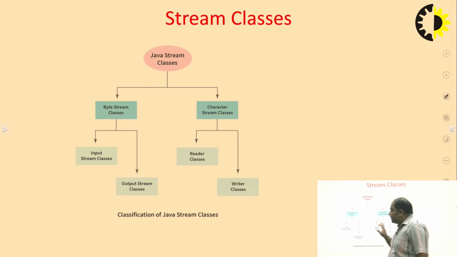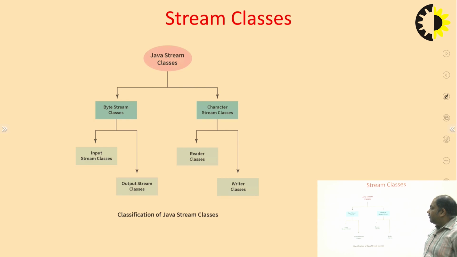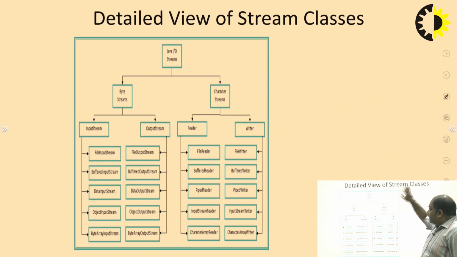So this is the basic difference, and these are the two stream classes which we use in Java for input output processing. Now this is the detailed view of stream classes, how they are formed and what different classes and methods they use for representing the input output streams.